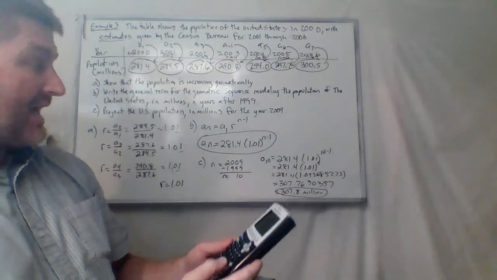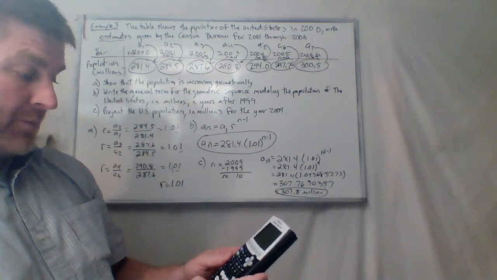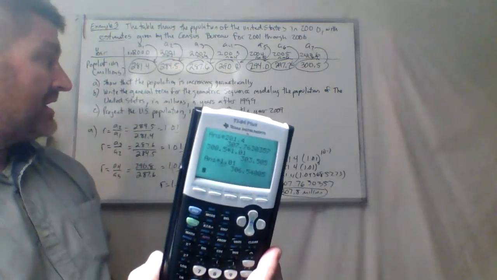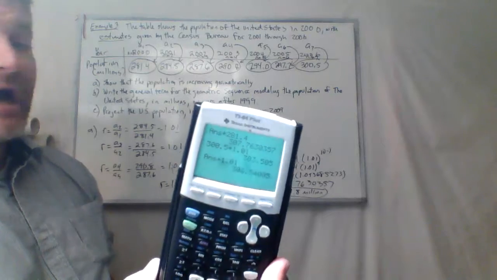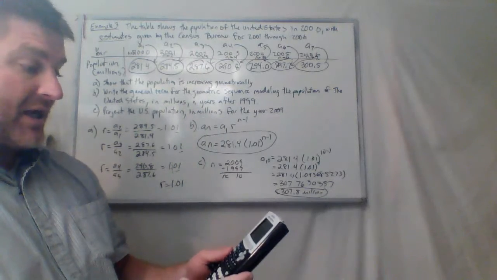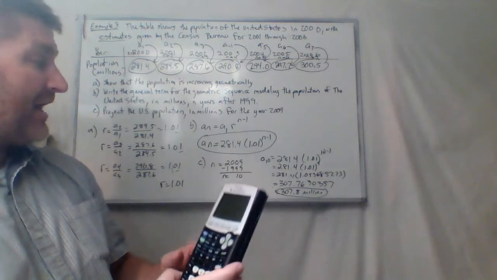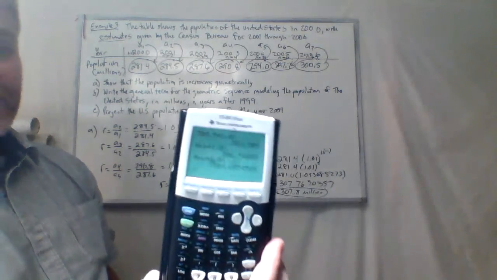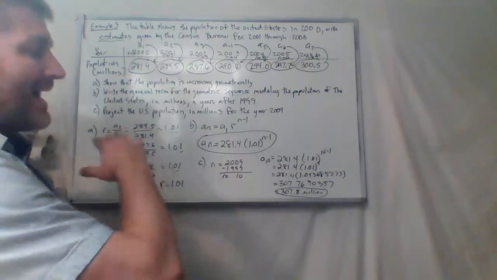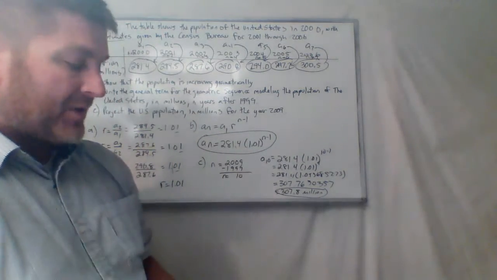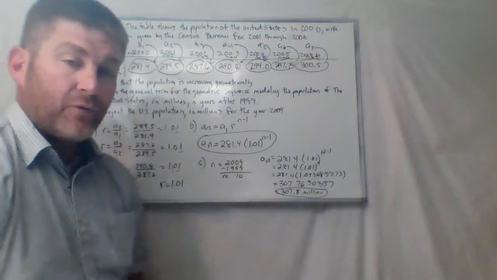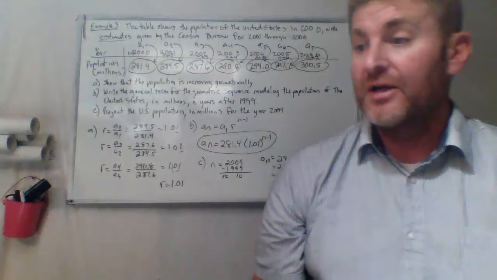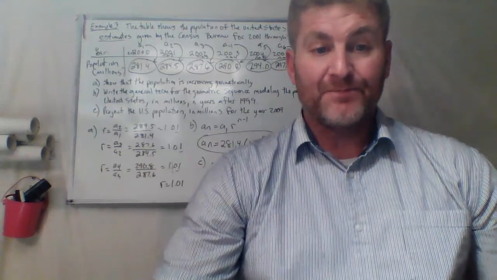Now, I want to do A9, so I multiply that by 1.01, and that gives me what it would be in the year 2008, which would be A9. And if I did it one more time, you could see that I am kind of off here. I am at actually 309. So you can see that this is not always going to be exactly that. But if you use this equation here in this general form, you can get a very accurate answer, and we can use it to predict what happens later on. Give checkpoint 3 a shot.